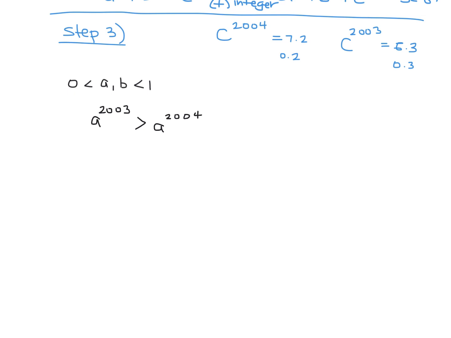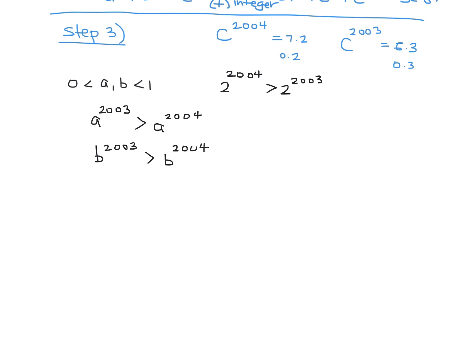See, normally if a number is greater than 1, let's say it's 2, then obviously 2 to the power of 2004 will be greater than 2 to the power of 2003. Correct? But since a is less than 1, this holds true, because if you keep multiplying it, the numbers keep getting smaller. So that's why a to the power of 2003 is greater than a to the power of 2004. And similarly, since b is also less than 1, b to the power of 2003 is also greater than b to the power of 2004.